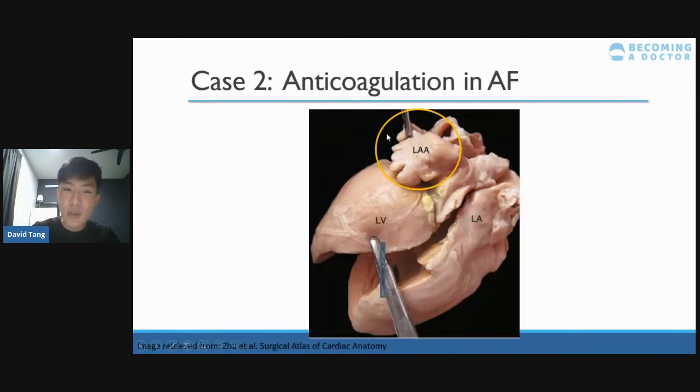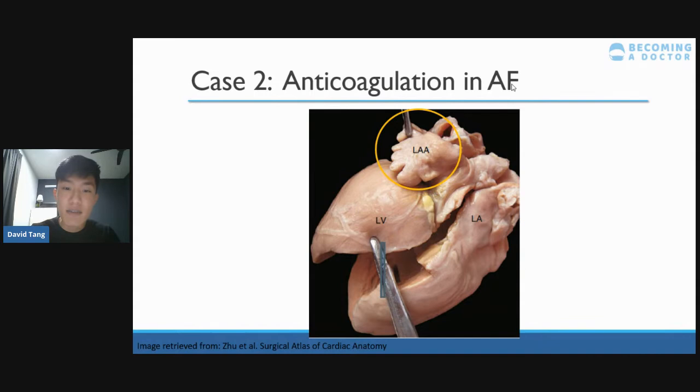We anticoagulate in AF because of this evolutionary, sort of useless portion of the left atrium. Not many of us have the luxury to look into someone's heart, but this is actually adapted from a surgical atlas.